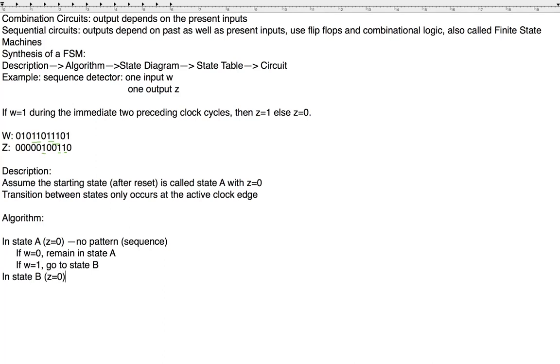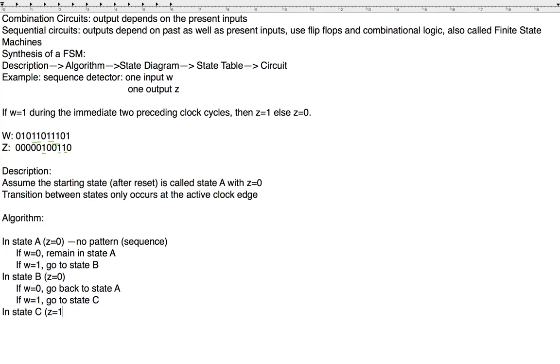There hasn't been 2 consecutive 1s yet. So if W is equal to 0, go back to state A. However, if W equals 1, go to state C. And then at state C, that means W was 1 both times.